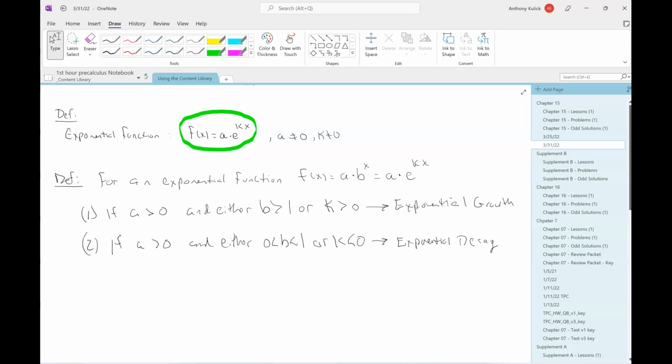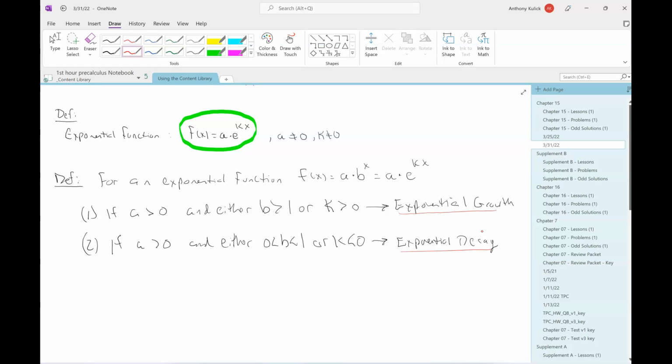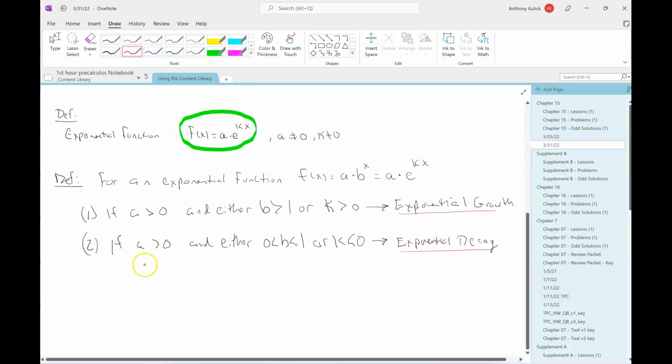And it'd be worth pointing out that if the A value is negative, which it can be, that's okay. The criteria are flipped, right? So if A is negative and this, then this is growth.